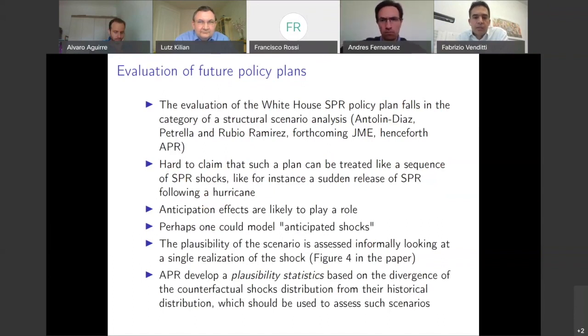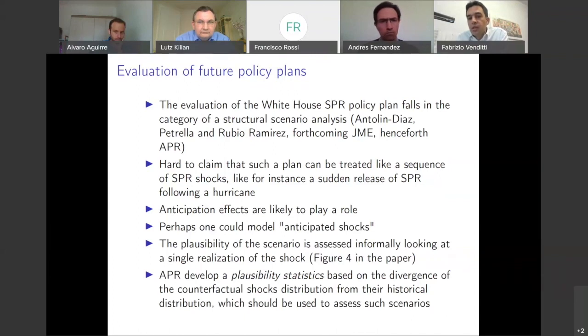Now, when you look at very long-term plans, which are announced in advance, I'm not sure that you can treat these as a sequence of SPR shocks, like, for example, the sudden release of SPR following a hurricane. So anticipation effects, in this case also, are likely to play a role, and perhaps one could try to model anticipated shocks.